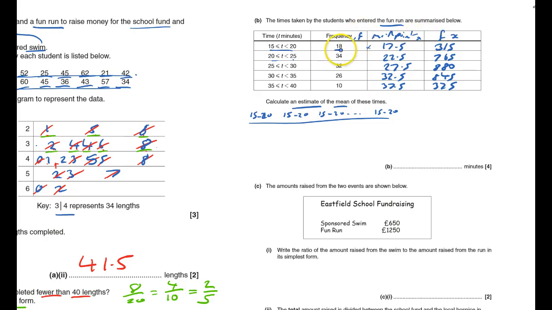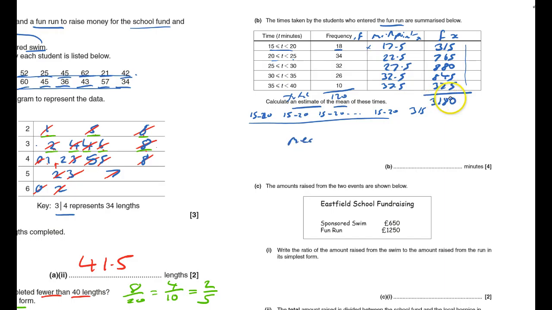Now what I need to do is work out the mean, or an estimate of the mean. So I add up all the values, which is this column here, to get the total. That will be 3180. I've got to divide it by how many there are. There's 18 in 15 to 20, and then there's 34 in 20 to 25. So what I have to do is the total frequency. I add up those, and that comes to 120.